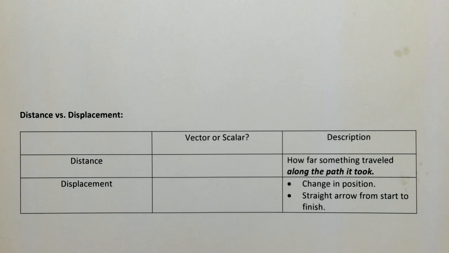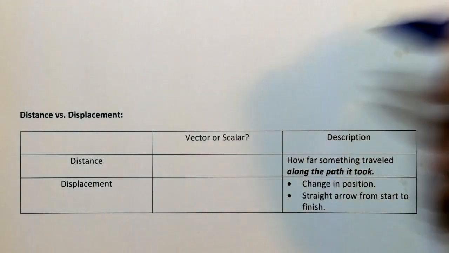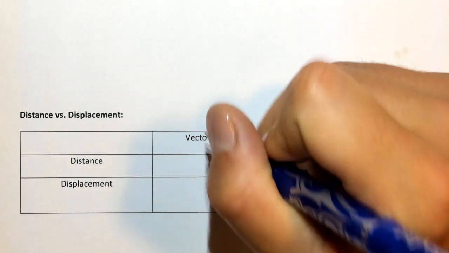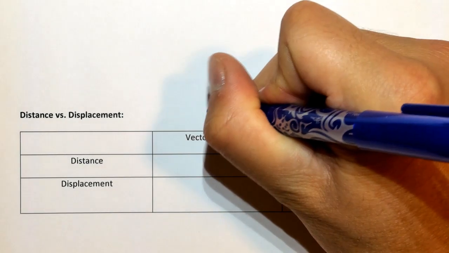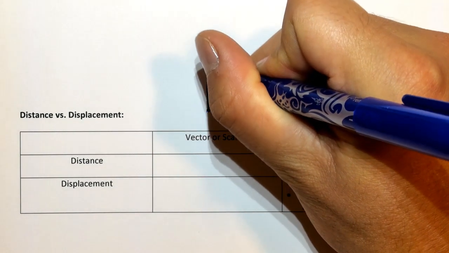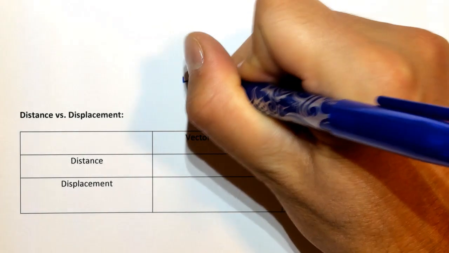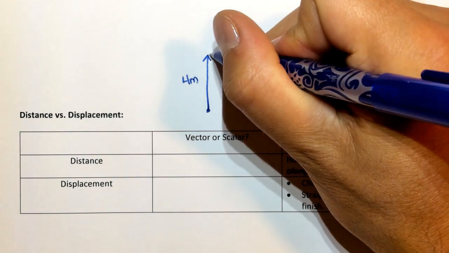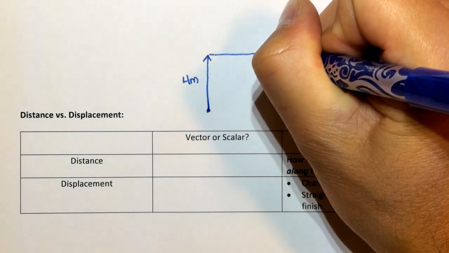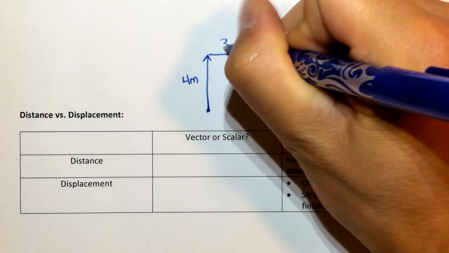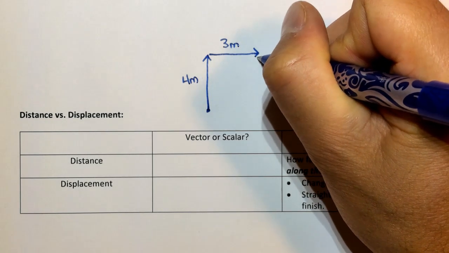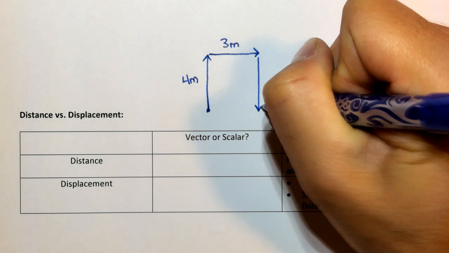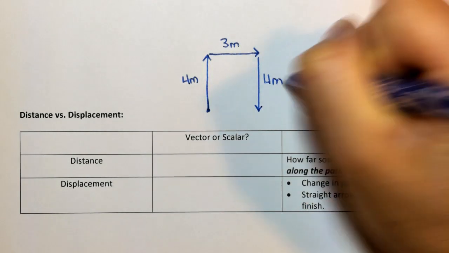So let's say I trace out a path. Let's say I start over here and I go this direction 4 meters, and then I go this direction 3 meters, and then I go this direction 4 meters.